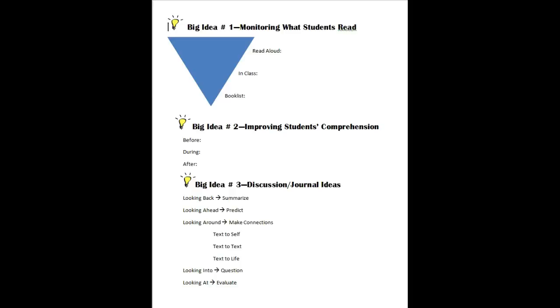And big idea number 3, ideas for discussion or writing and summarizing, predicting, connecting, questioning, evaluating. So I present to you some very important ideas that you are now accountable for.